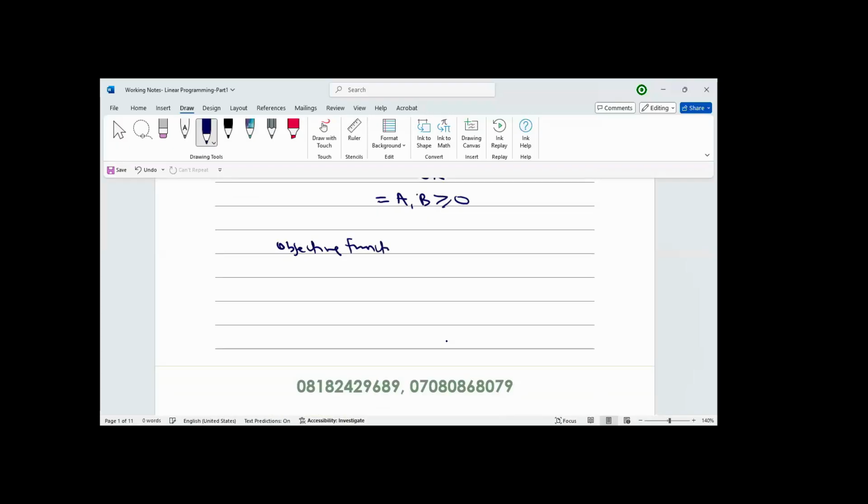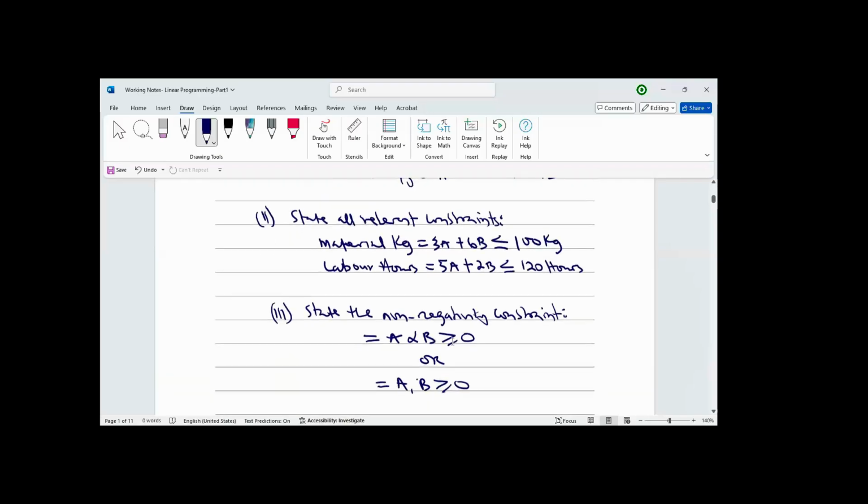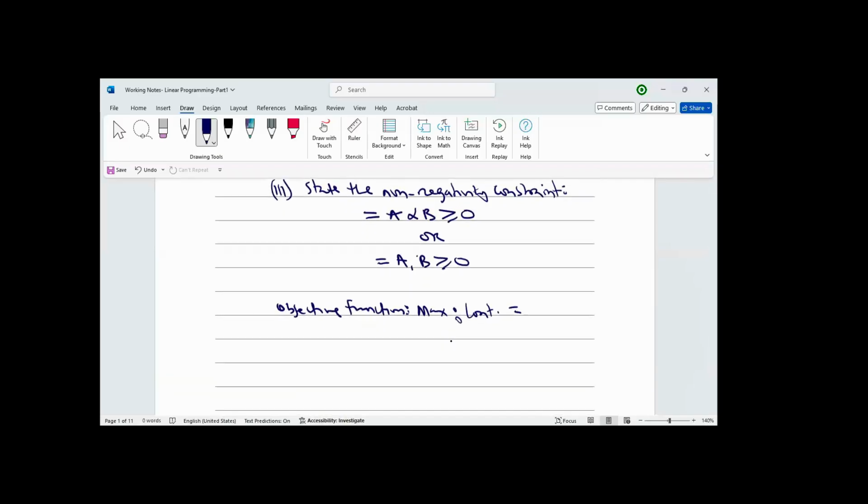Objective function: maximization of contribution equals, let me go back to what I have there, 5A plus 4B.